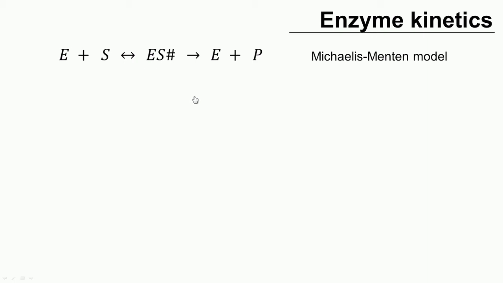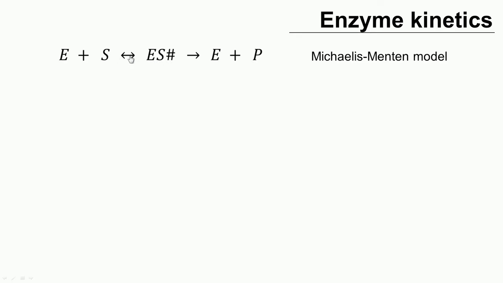There are very many different kinds of kinetics which govern enzyme action. We will just look at one for example. This model is as follows: the enzyme reacts with the substrate to reversibly form what is called the enzyme substrate complex.